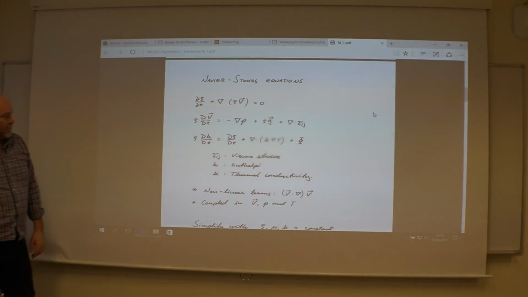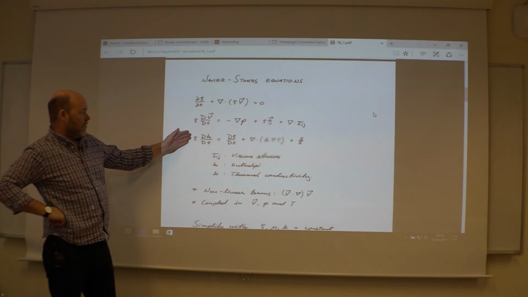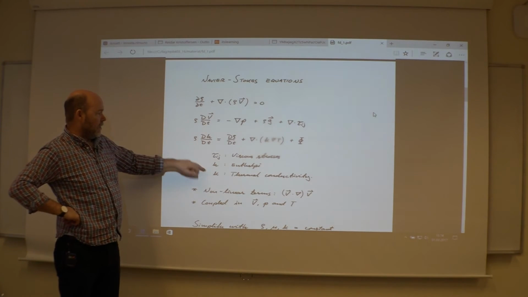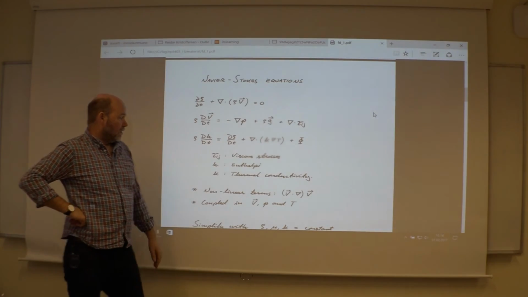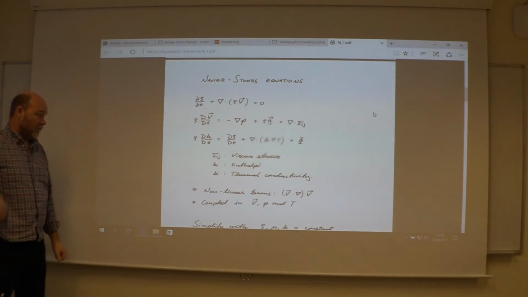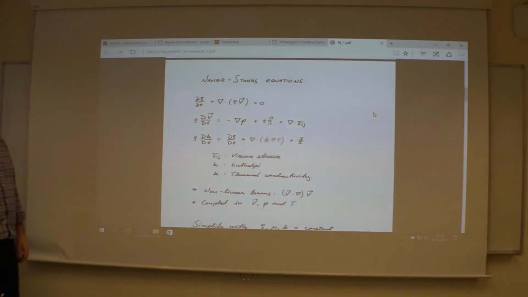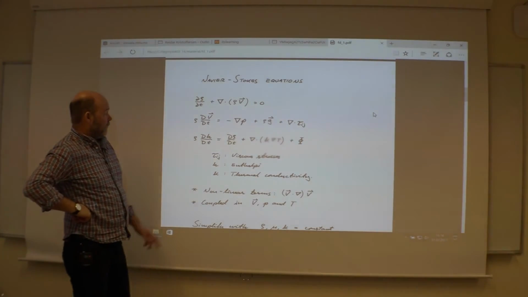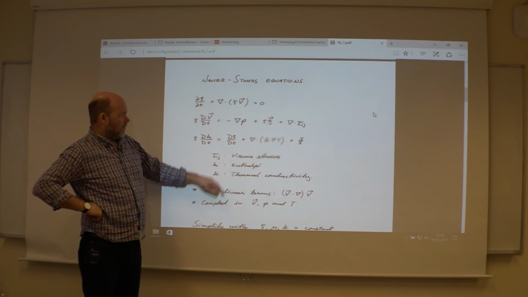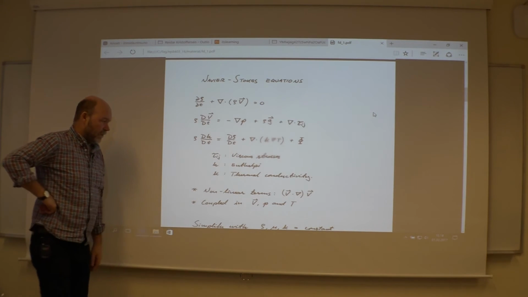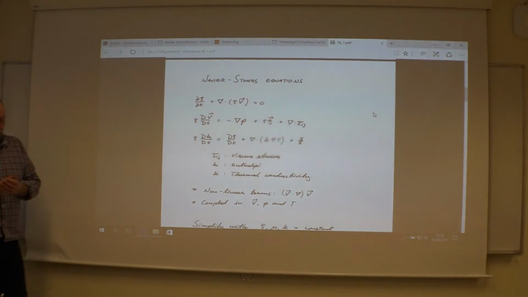And the energy, I have some enthalpy here, and the thermal conductivity doesn't have to be constant. So definitely a complex set of equations, highly nonlinear inside these total derivatives here and here as well. Quite messy, and also strongly coupled. You can't just take one of them and solve it.